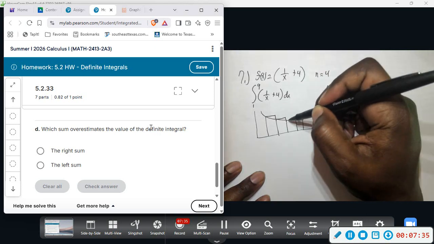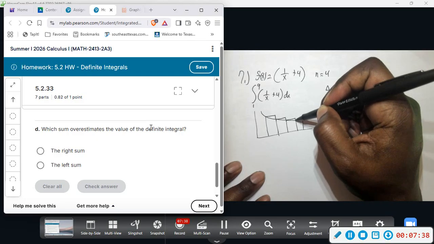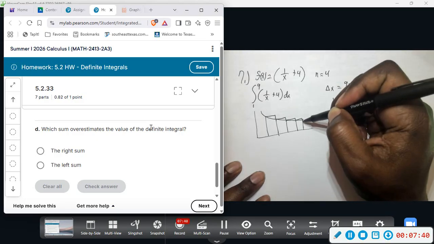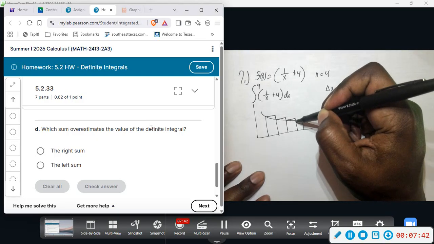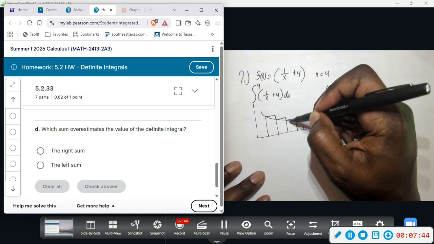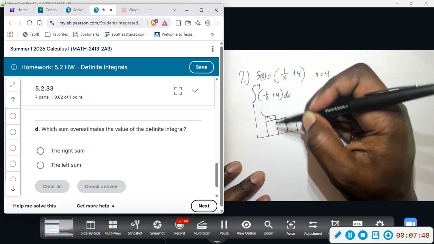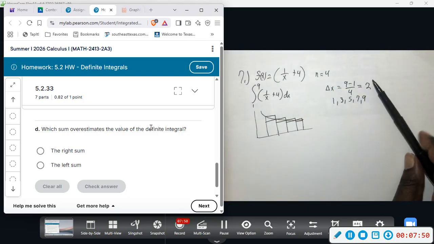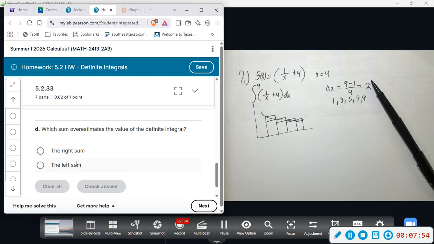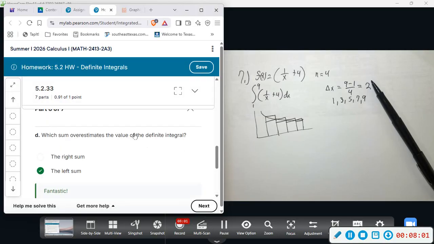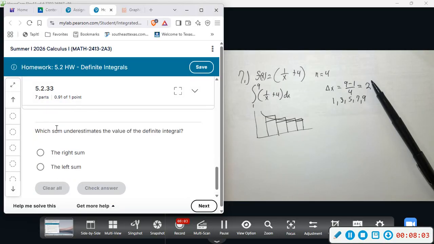So the left sum will overestimate. The right sum will go from here straight across. So the right sum will underestimate, and the left sum will overestimate. So overestimates is going to be the left, and then underestimates is going to be the right.